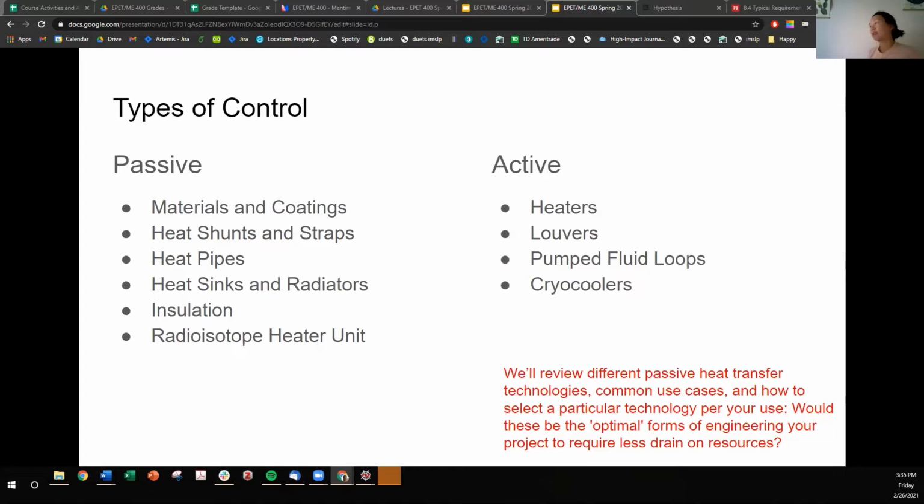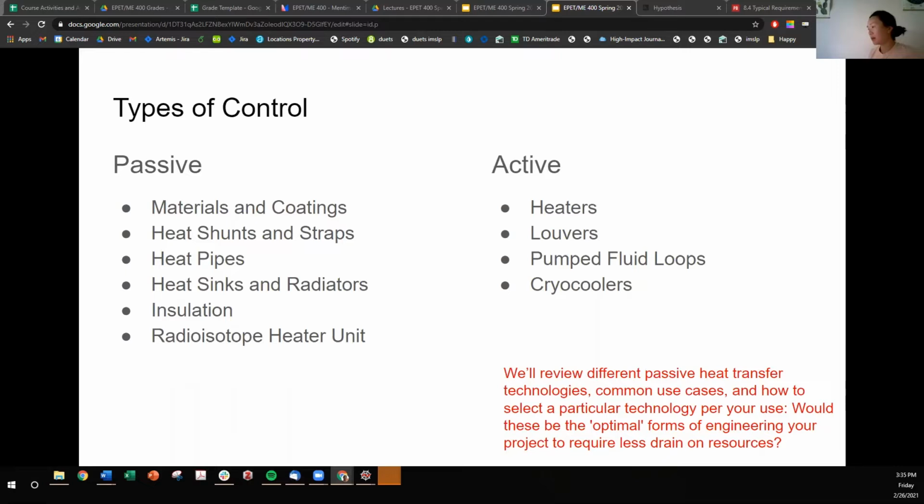And then for active components, those that take in electricity or intelligence, or both at once, we have heaters, louvers, pumped fluid loops, and cryocoolers.